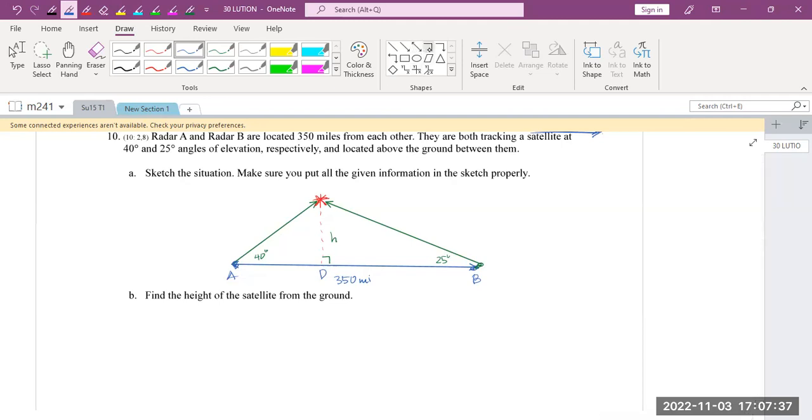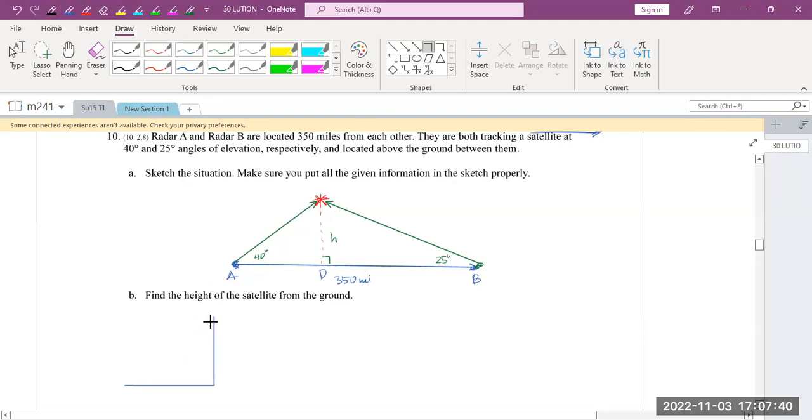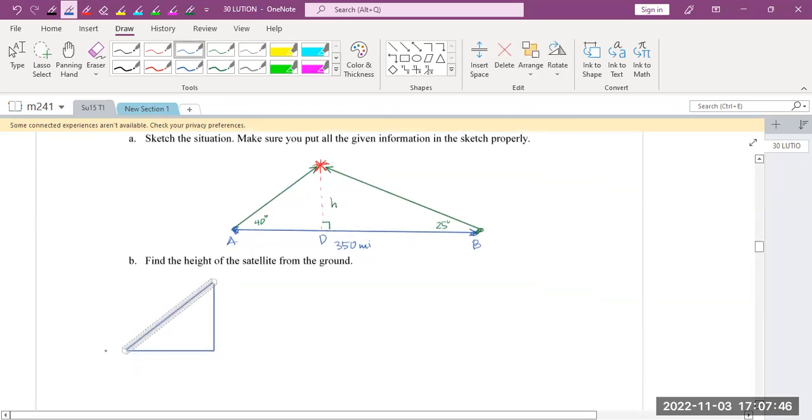So this is angle A, right angle D, and then the satellite. We know this is 40 degrees. This is the height. We don't know what AD is. Let's call that X for now.